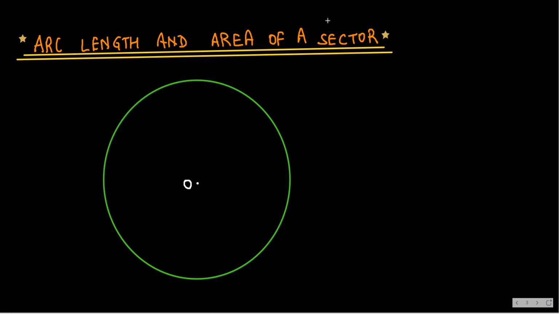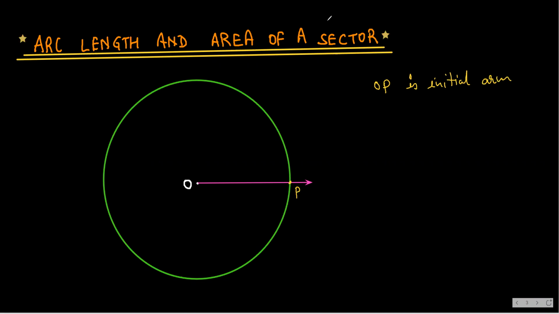So I take an initial arm, say OA, or for a change, say the initial arm is OP. This point is P. So OP is the initial ray or initial arm, whatever you say.